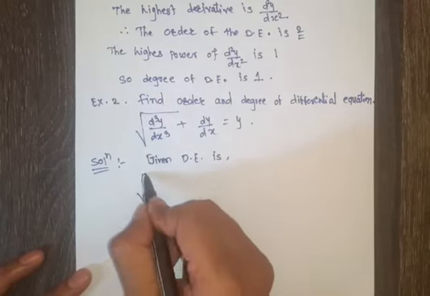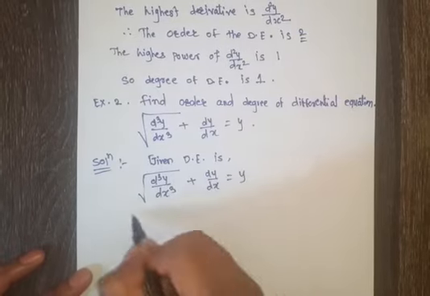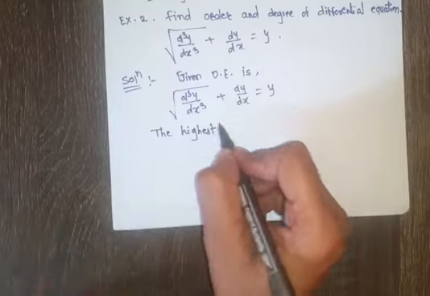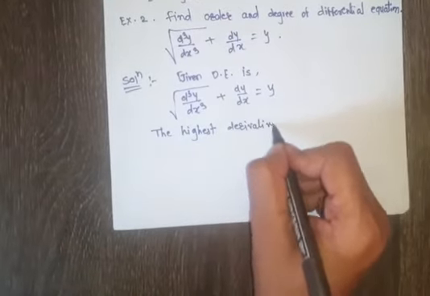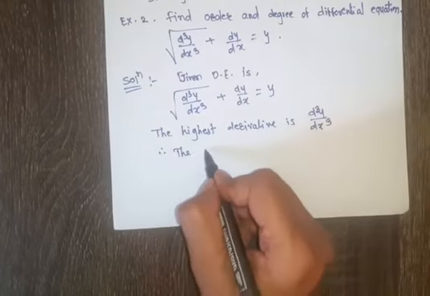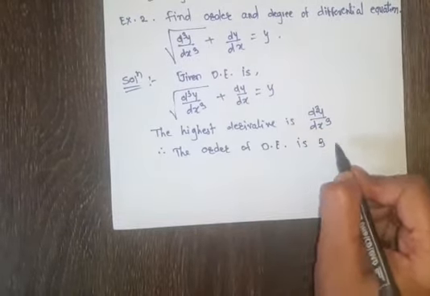So the given differential equation is under the root d cube y upon dx cube plus dy by dx equals to y. Hence the highest derivative present in the given equation is d cube y upon dx cube, and therefore the order of differential equation is 3.